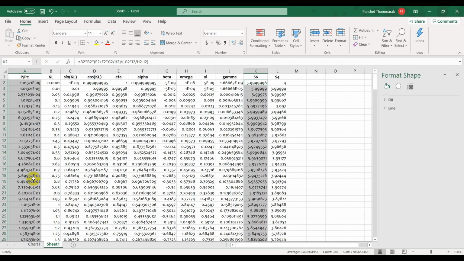Once you find the internal axial force, you will check if it matches your assumed force or not. If it doesn't match, then you take the new value that you just calculated for the axial force and put it in here. You find the PO/PE ratio, you find the stability function, you run the analysis another time, and you will get the new axial force.